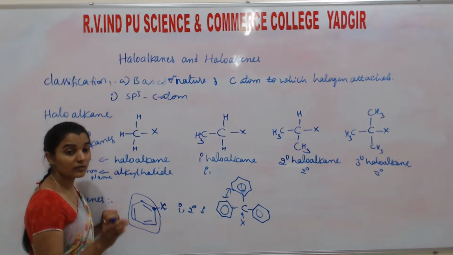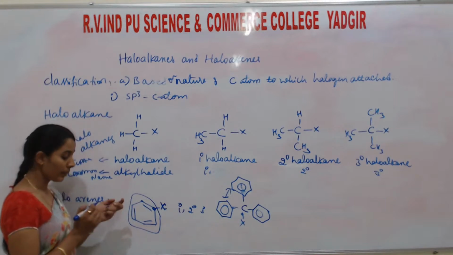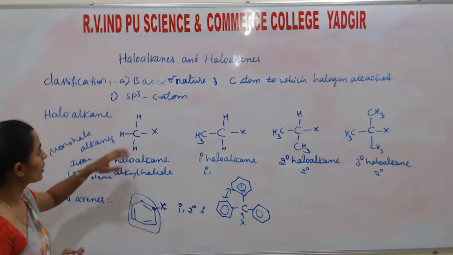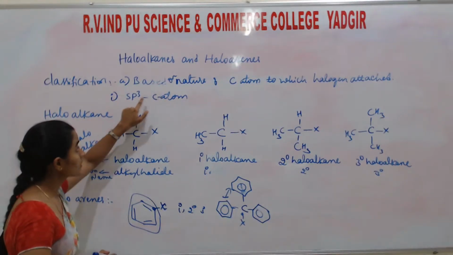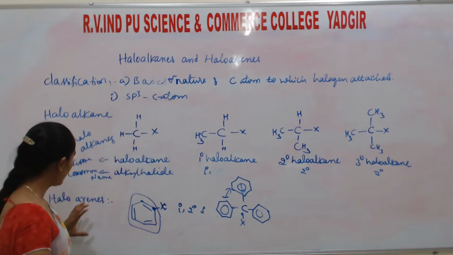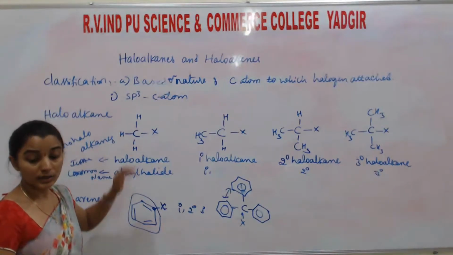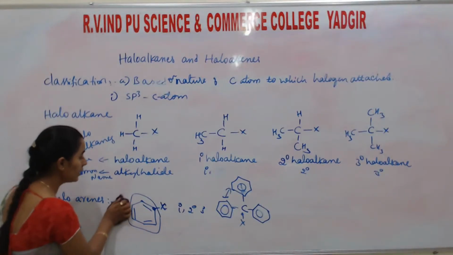So we cannot distinguish primary, secondary and tertiary in haloarenes. The primary, secondary and tertiary classification is possible especially with sp3 hybridized carbon atoms, which we can explain only in haloalkanes.